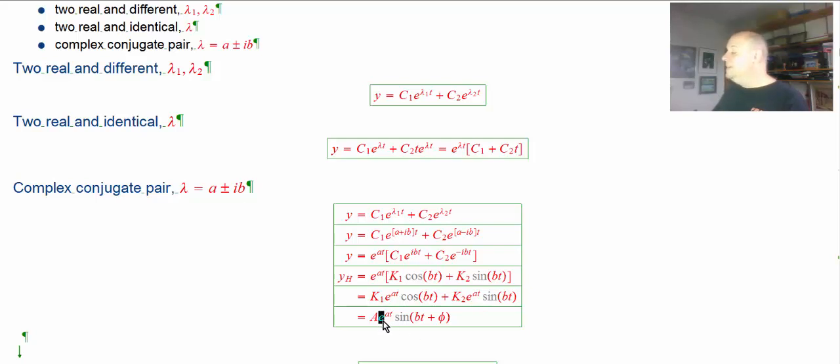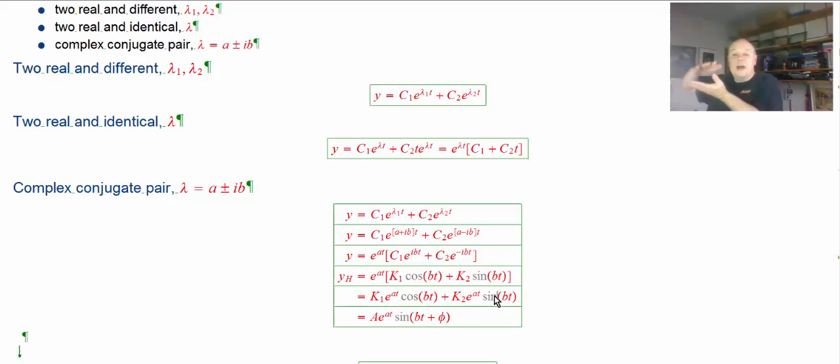Now, it's the real part that determines whether the homogeneous solution goes to zero or not. In all three of these cases, if a, the real part of the eigenvalue, is negative, then e to the at goes to zero, and what happens to the sine bt? Yeah, it just oscillates up and down, or these two pieces oscillate up and down.